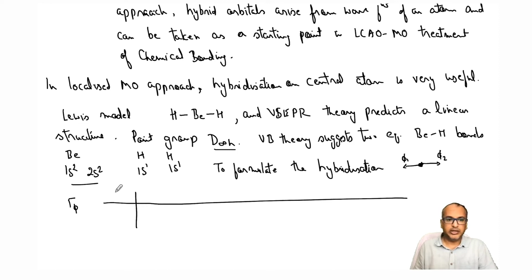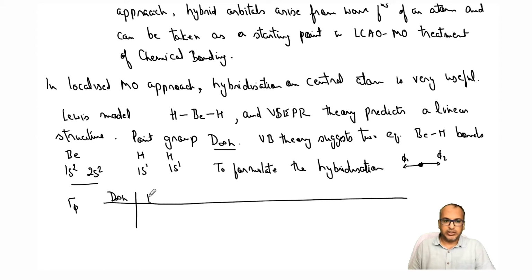So let us list it down. We have D infinity h. Now this is an infinity point group. We will see how to work with infinity point groups, but this will be just by inspection and not by following any rules as such. But later on in this course, if we encounter infinity point groups, we will see how to simplify those and go to a smaller point group.